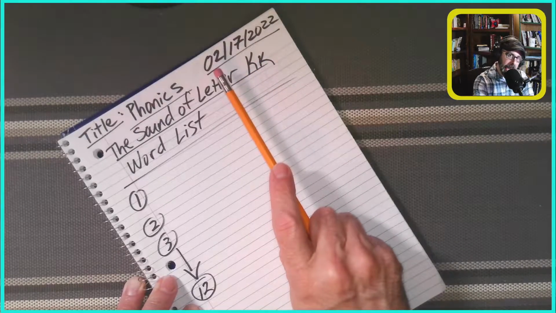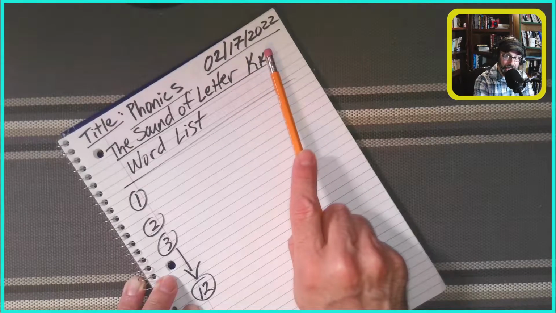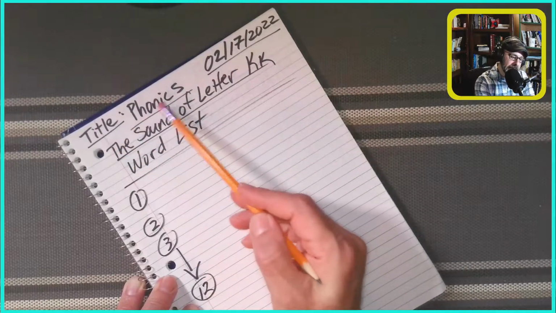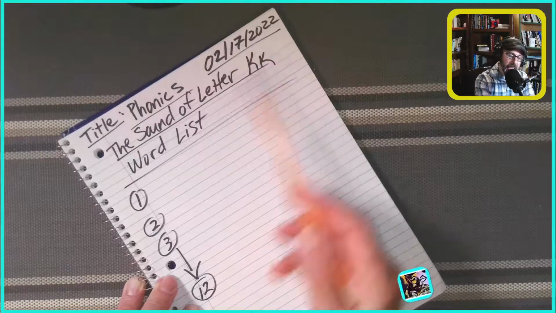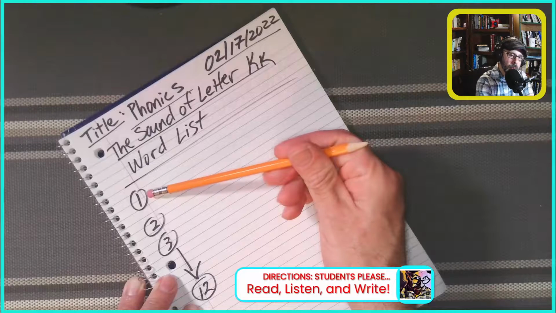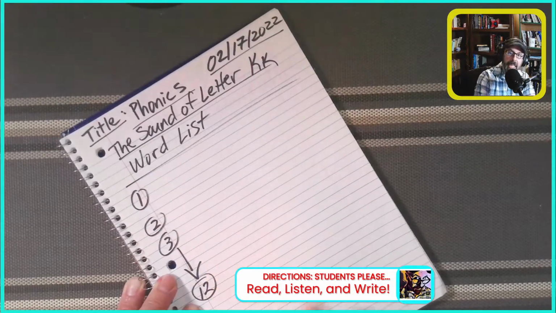Remember, in English, in America, month, then the day, then the year. So month, day, year. Title, this lesson is phonics, the sound of letter K, and we're going to look at the word list. So you can write number 1, number 2, number 3, all the way to number 12 if you want to write the numbers.